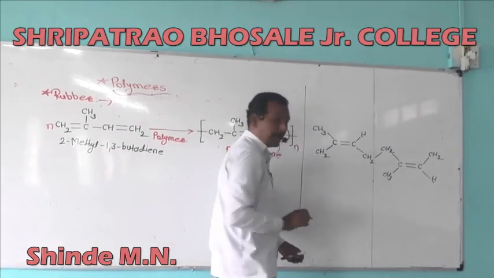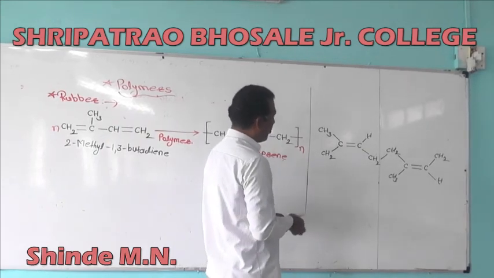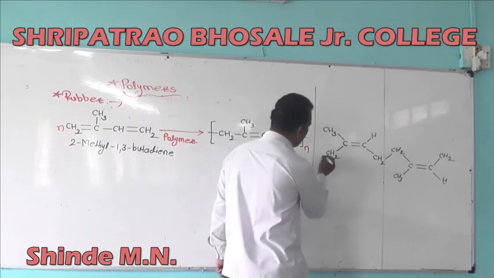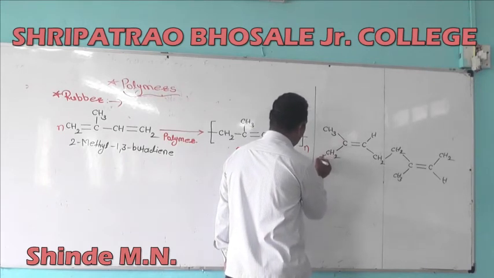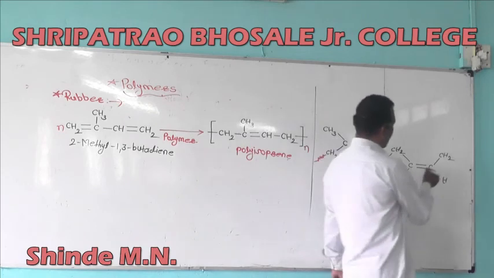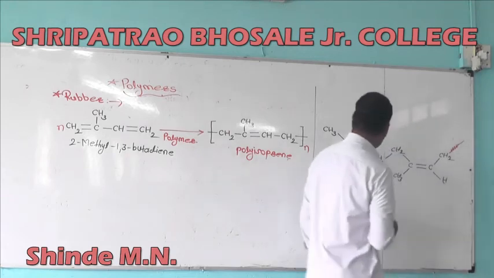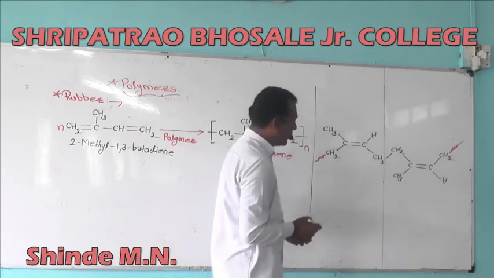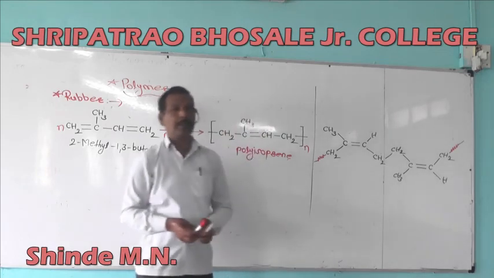Now this is the polymeric unit, so we have to show that it is a polymer. Instead of n times, you can also show it this way: the unit continues in this direction and in this direction. So this is the structure of natural rubber.